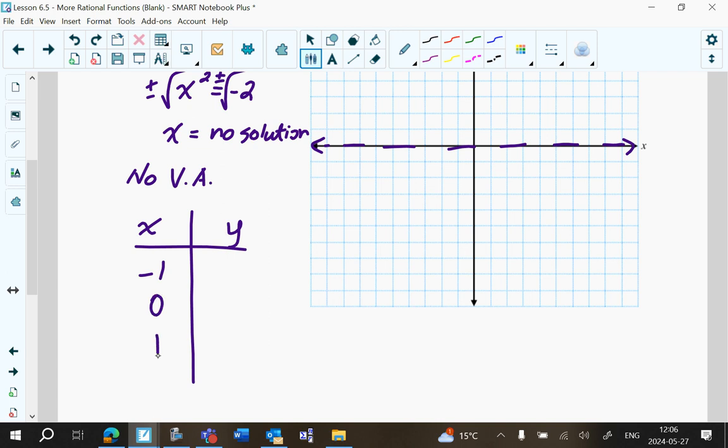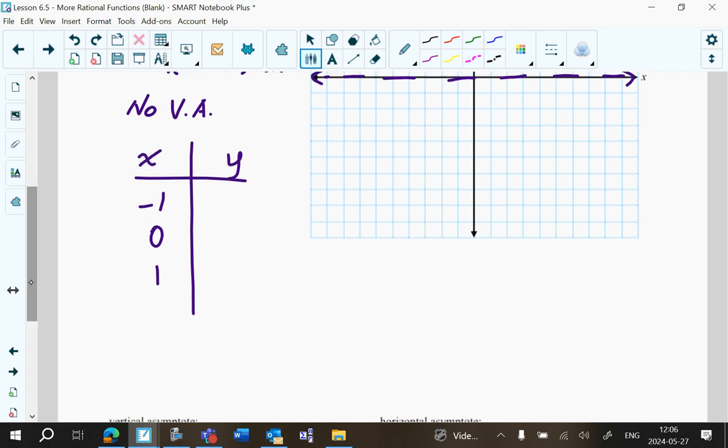What is 1 over -1 squared plus 2? Maybe you should pay attention. A third.